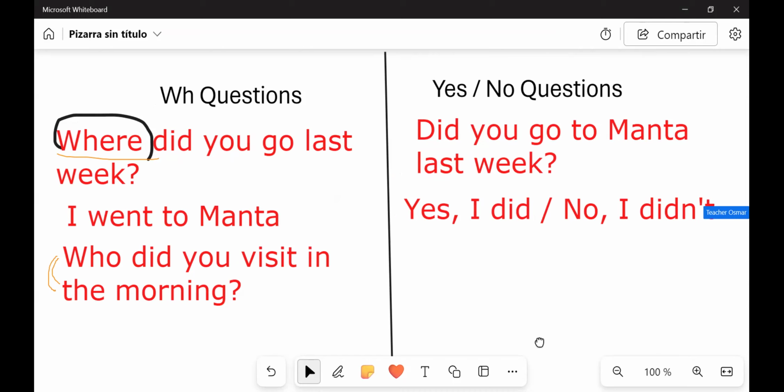What is the translation? What is the meaning of that sentence? Sería... I... yo... visited in the park. The question is who? For people. ¿A quién, no? Who?